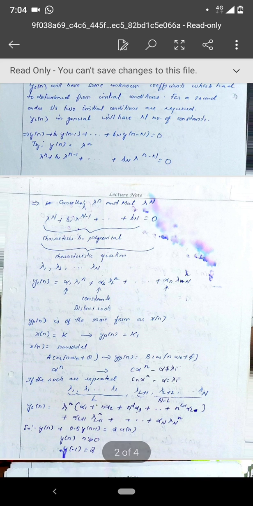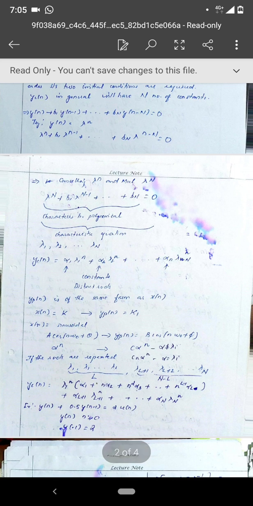So that naturally brings in capital N number of constants, because that equation, if you solve, will have N number of solutions. If the order of that equation is capital N, then there are capital N number of constants as well as capital N number of solutions. Okay, let us try a solution that is equal to lambda raised to n.